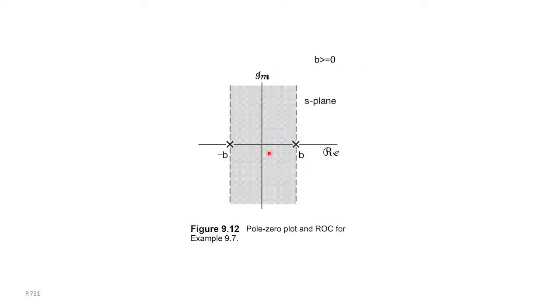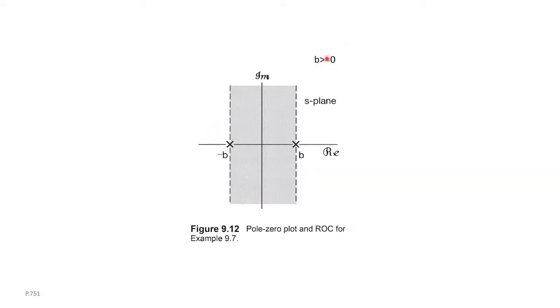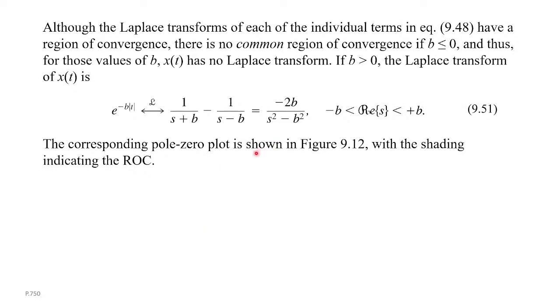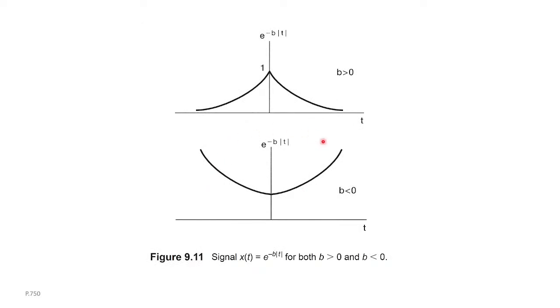If b is greater than 0, then you have this strip of ROC. And obviously, if b is less than 0, then there's no overlap, and your Laplace transform just doesn't converge anywhere. You can kind of guess from here that this thing should diverge whatever exponential you multiply it with.